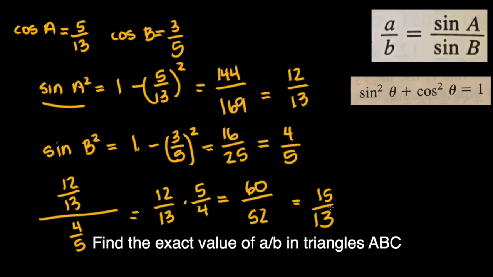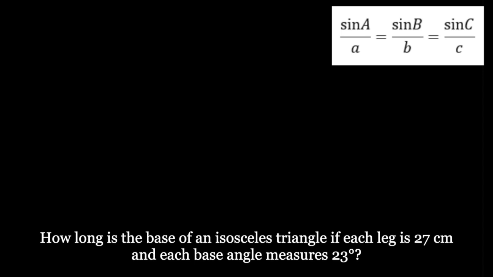Now let's solve some word problems which involve the law of sines. The first word problem says this: how long is the base of an isosceles triangle if each leg is 27 centimeters and each base angle measures 23 degrees? Let's draw a model.